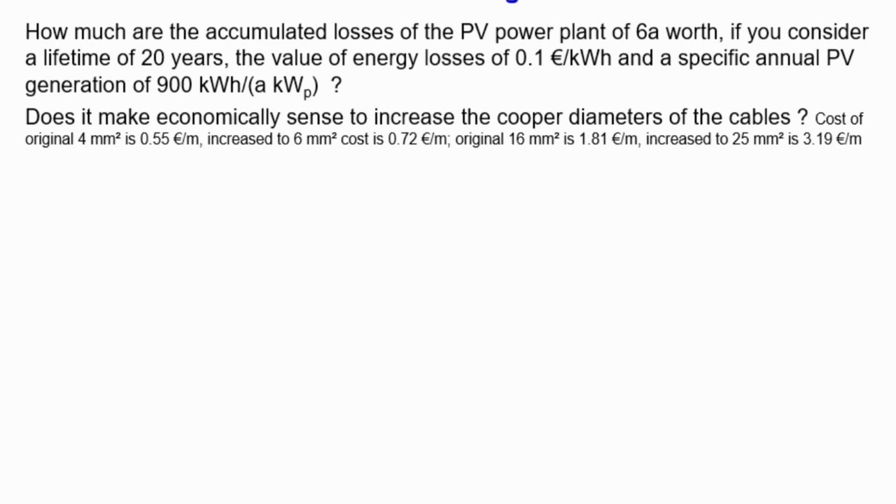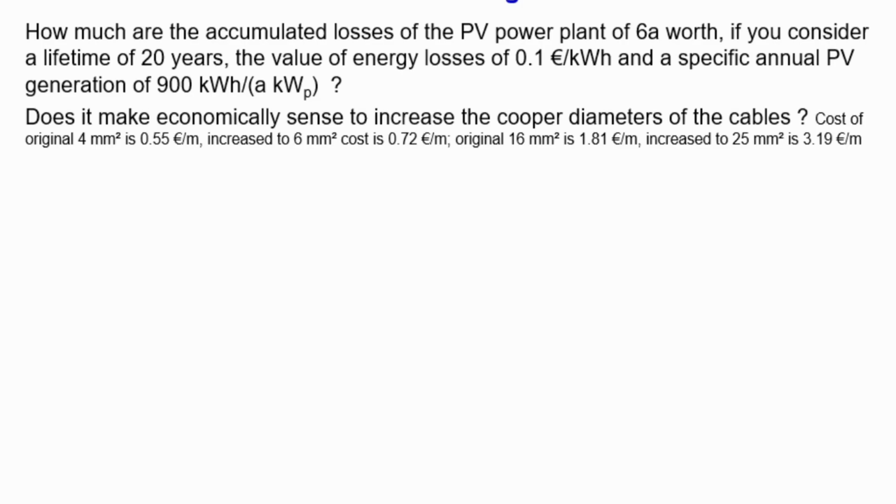Does it make economic sense to increase the copper diameter of the cables? So if we put in thicker cables, the losses are reduced, but while we use more copper, the costs are increased. The cost of the original 4 square millimeters is 55 cents per meter.